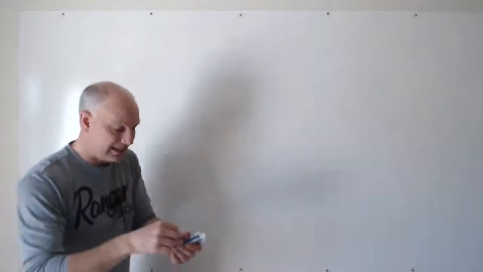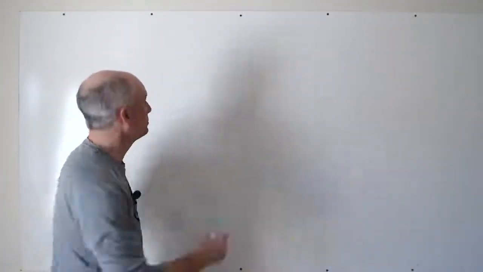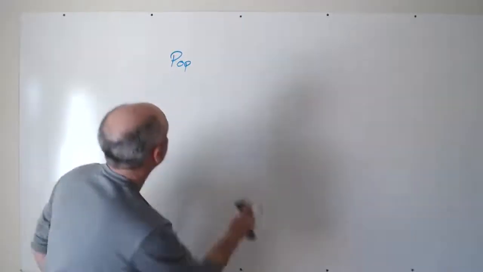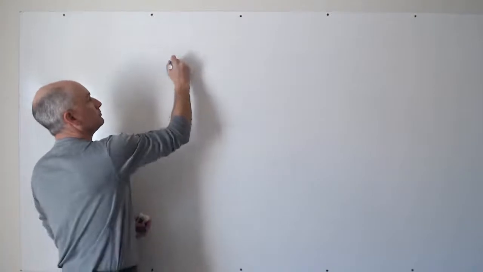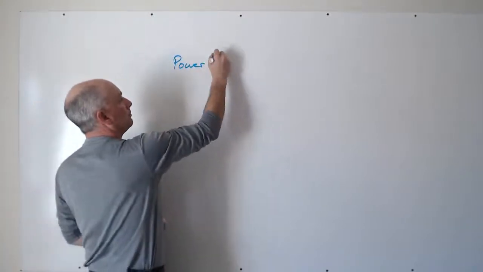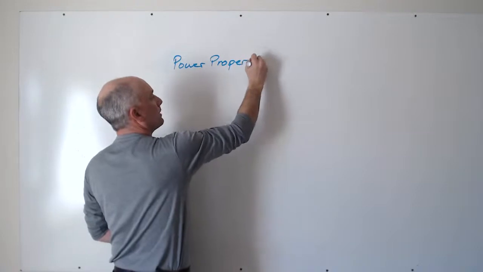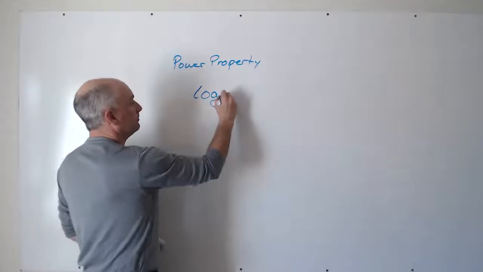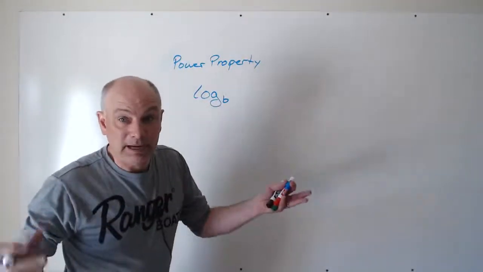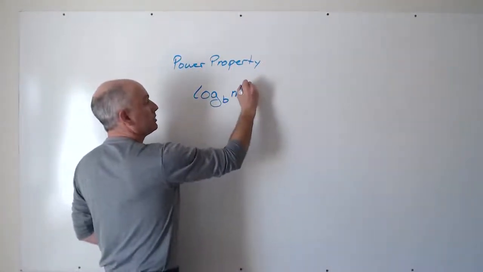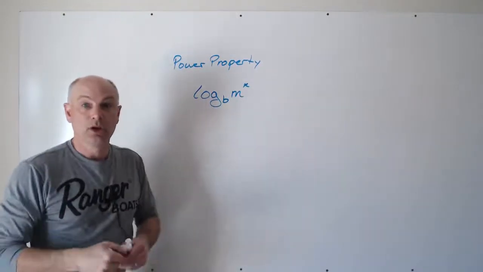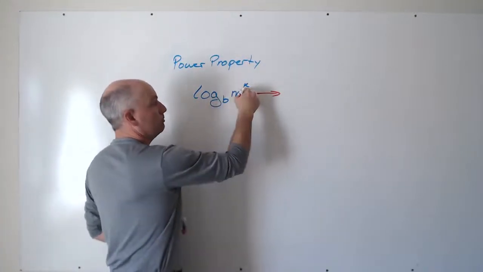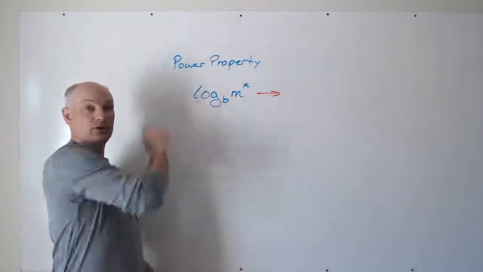So essentially, in a summary here, before we start doing examples, the power property states the following. If I have some log base b of any other base that I have, doesn't matter, m to the power of x, so to speak, what I can do is rewrite it, moving that exponent down as a multiplier.